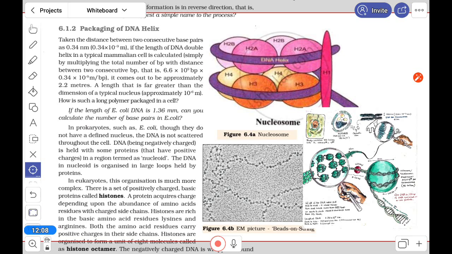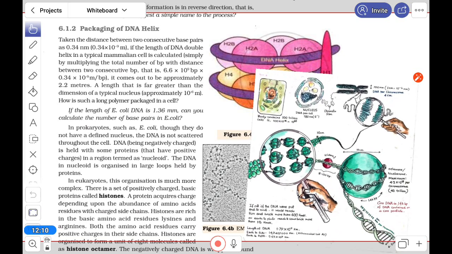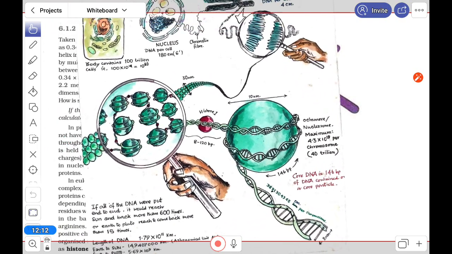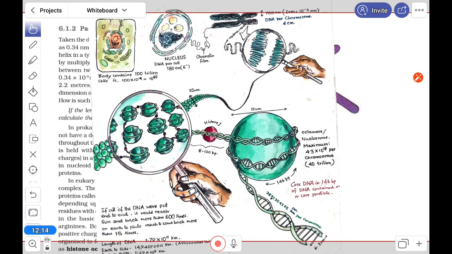I have already shown you that one diagram here. Here you can see the chromosome was traced to this part, and here is the bead-like structure, called beads on a string, and here some beads are also outside.